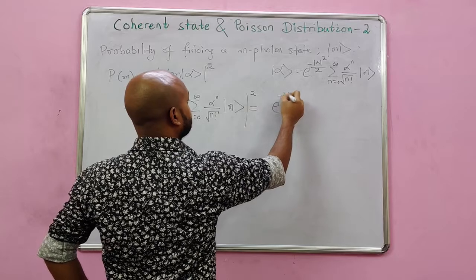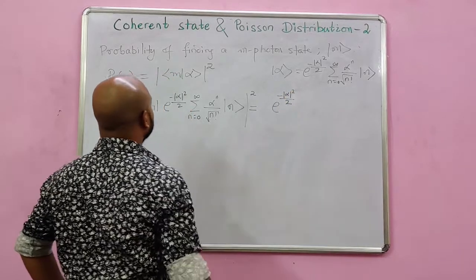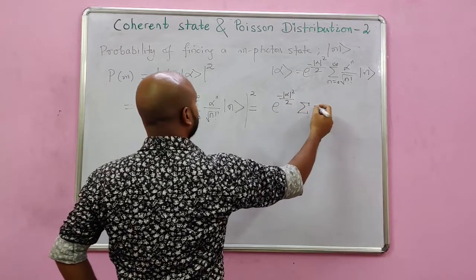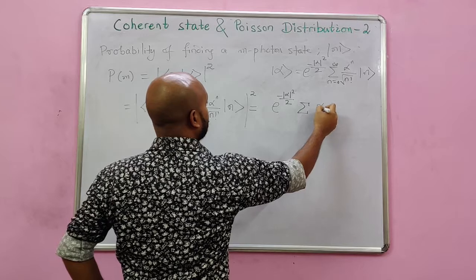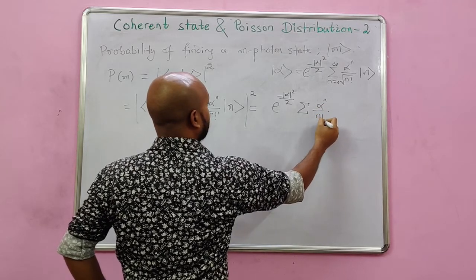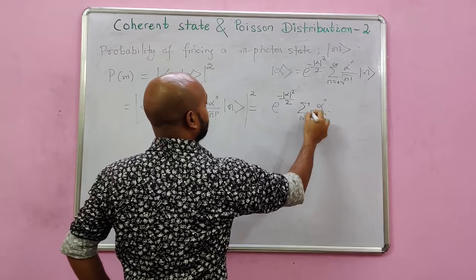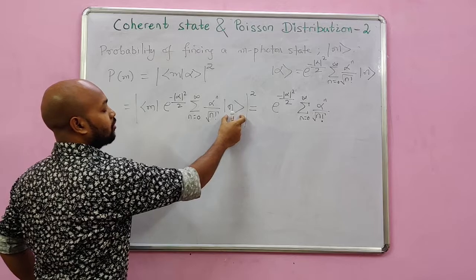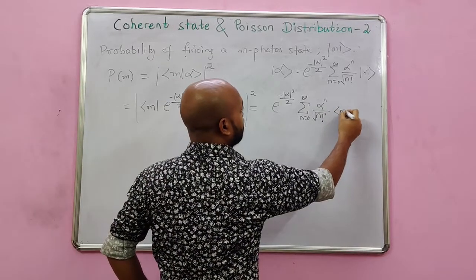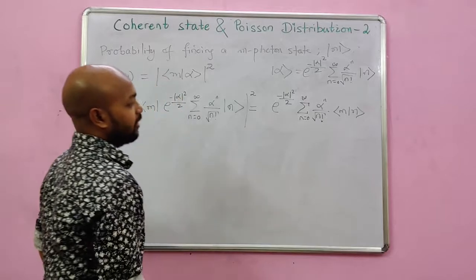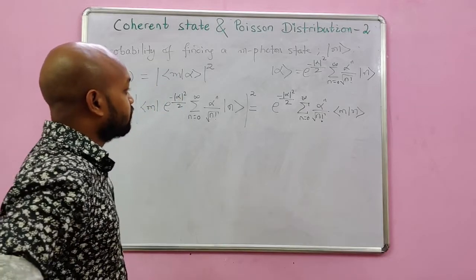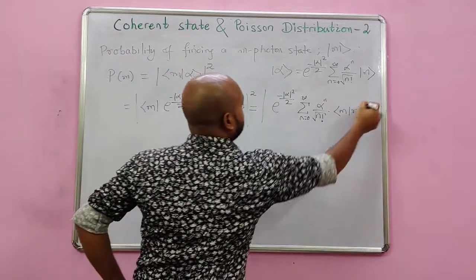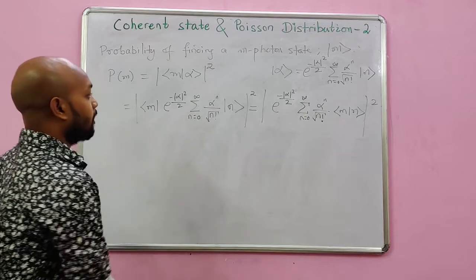So my exponential is this thing, and then I have the summation running over n equals 0 to infinity of alpha power n by root n factorial, and this bra getting multiplied through the inner product with ket n. Then of course the mod square of it.